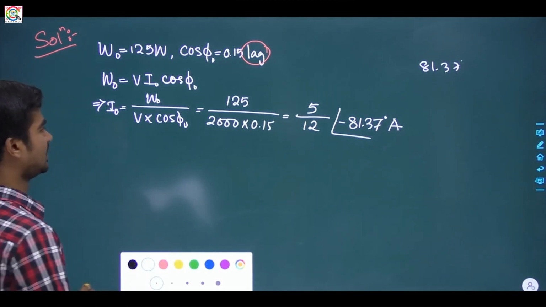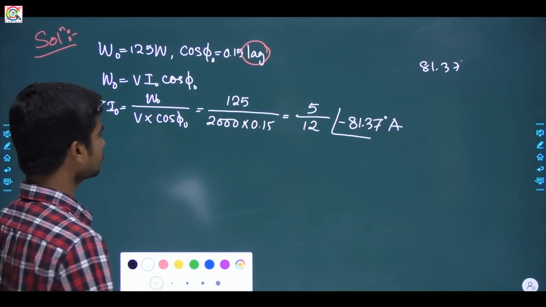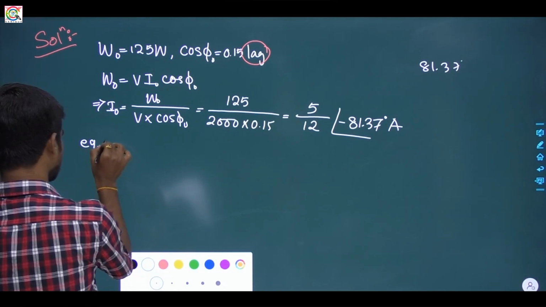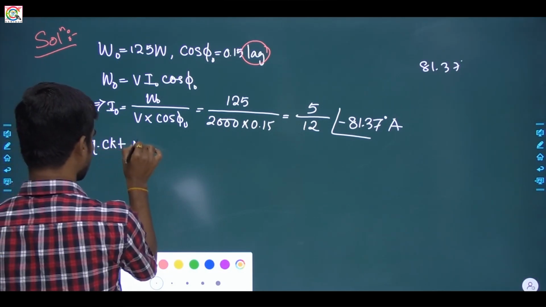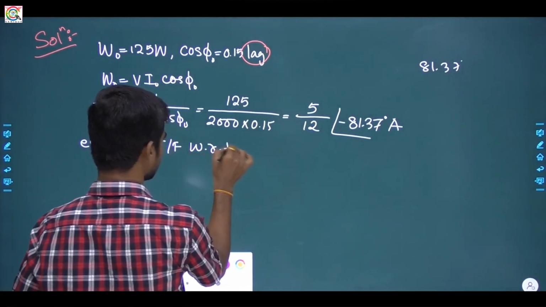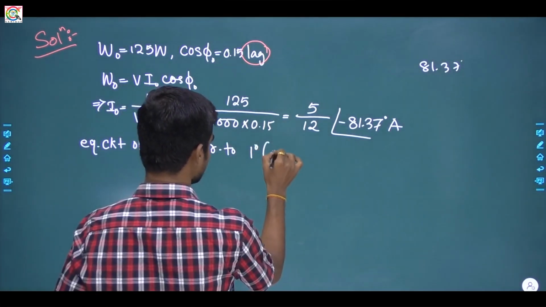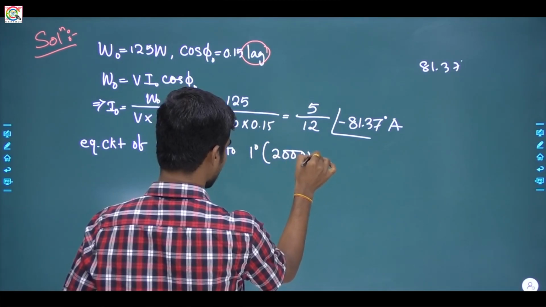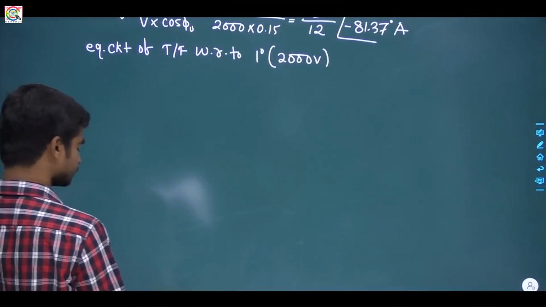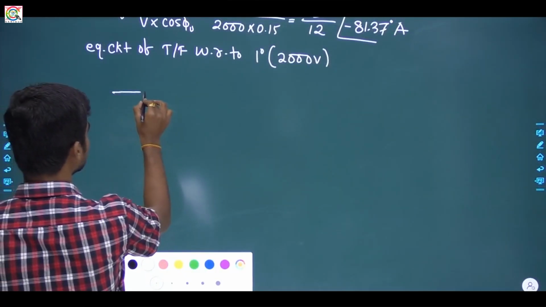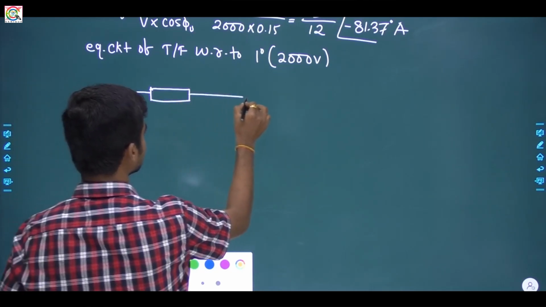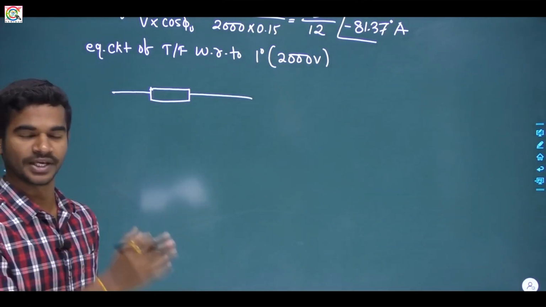Okay. Now let's draw the equivalent circuit of the transformer with respect to primary, which is the high voltage side, the 2000 volt side. So this is the leakage impedance, because leakage impedance has been given.